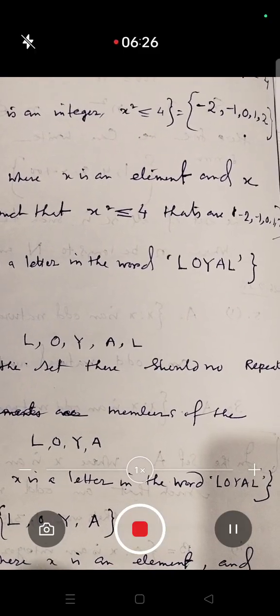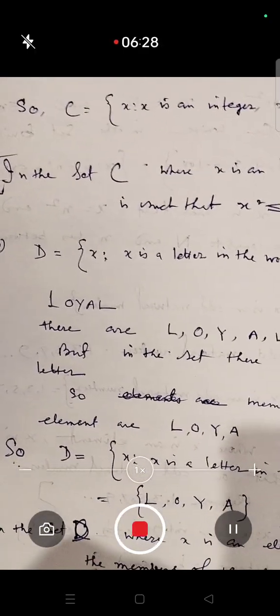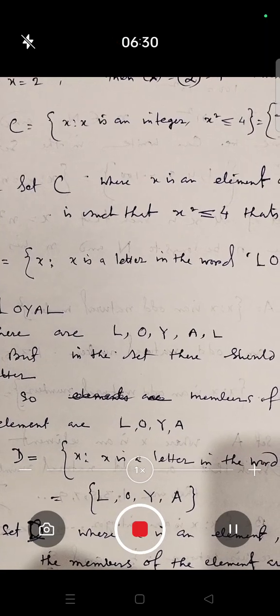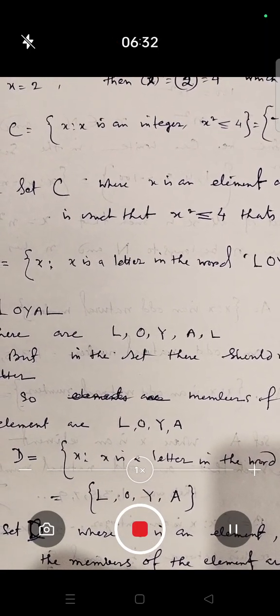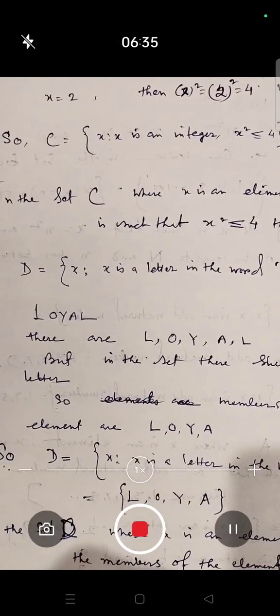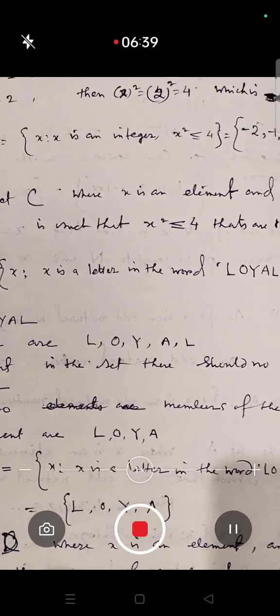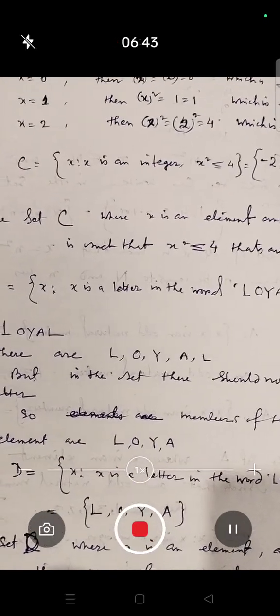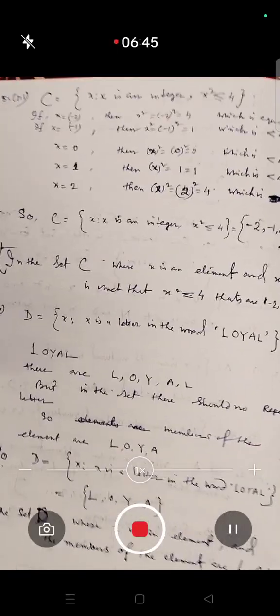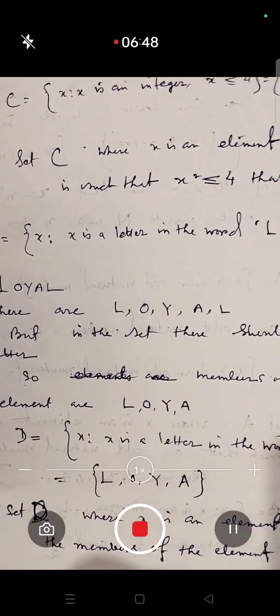Loyal, loyal. So loyal, there are... Loyal, 5 letters, isn't it? But in the set, there should be no repeated letter. When we form a set, there should be no repeated letter.